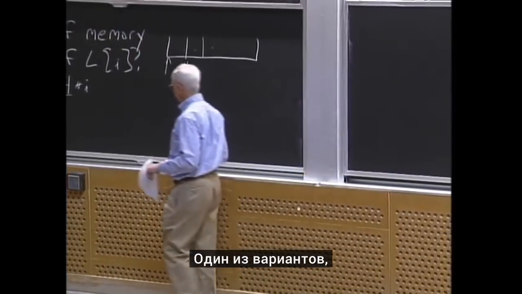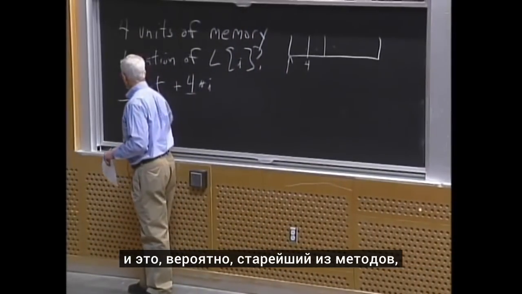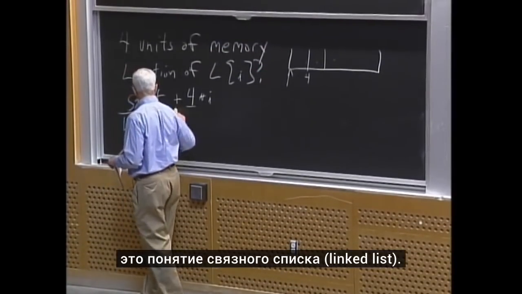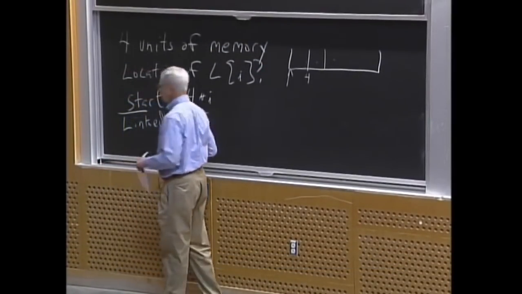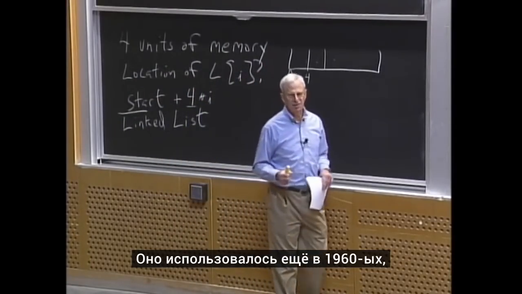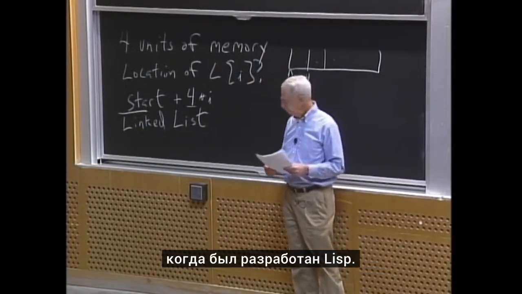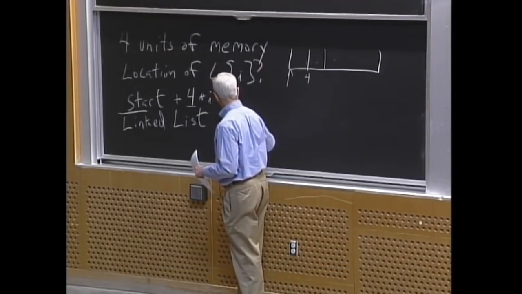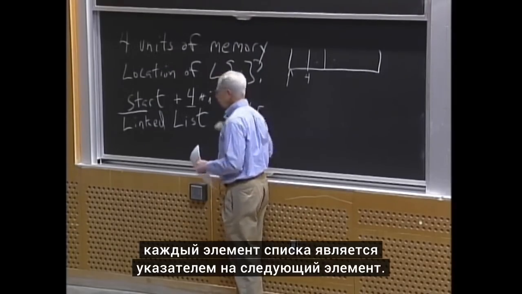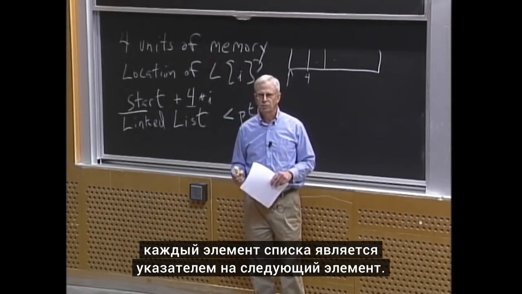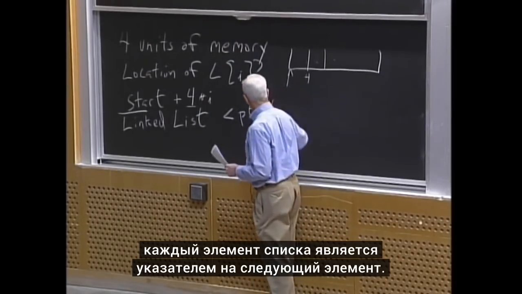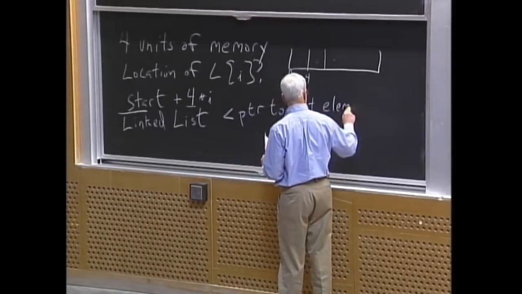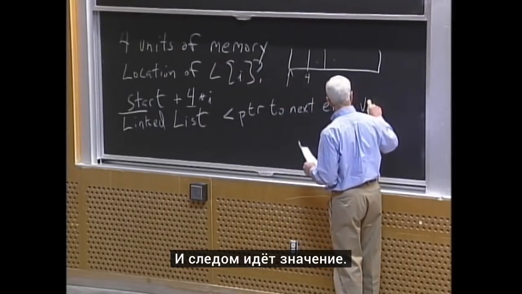One possibility, and this is probably the oldest way that people use to implement lists, is the notion of a linked list. These were used way back in the 1960s when Lisp was first invented. And effectively there, every element of the list is a pointer to the next element, and then the value.